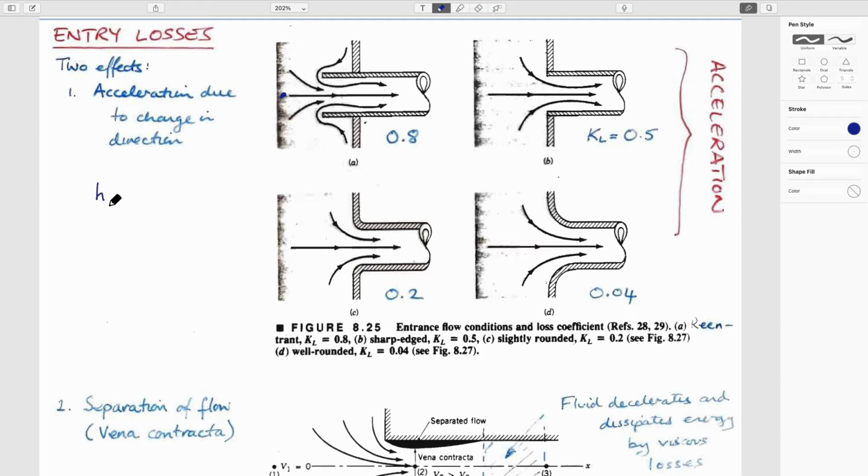So if we think of the loss coefficient as being this value KL times the velocity squared over 2g, obviously the velocity that we'd use would be the velocity in the pipe, not the velocity in the sea, because that's 0. And not surprisingly, this number is largely between 0 and 1, and it's indexing the effect of this acceleration.